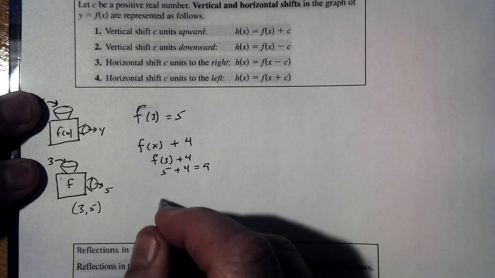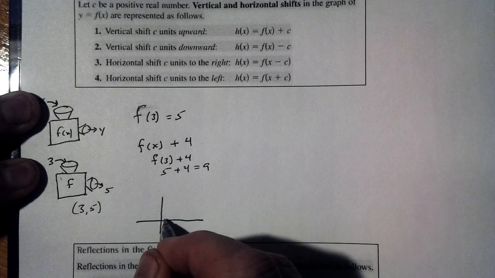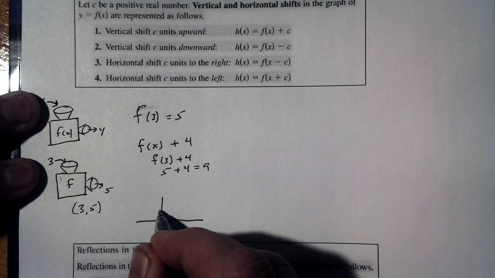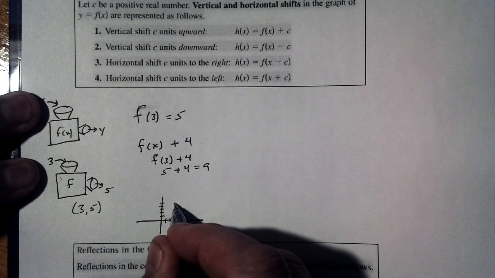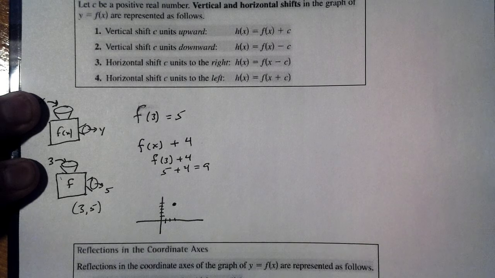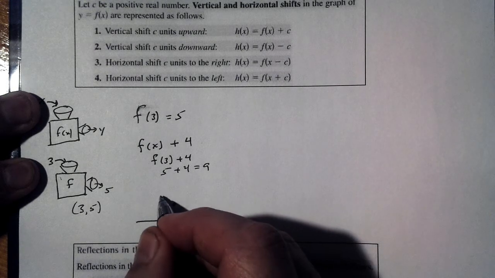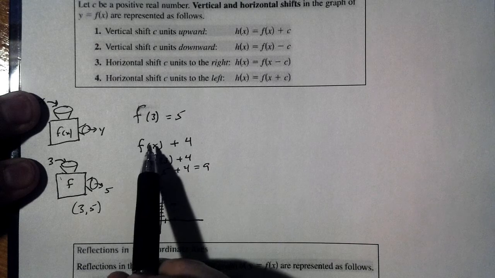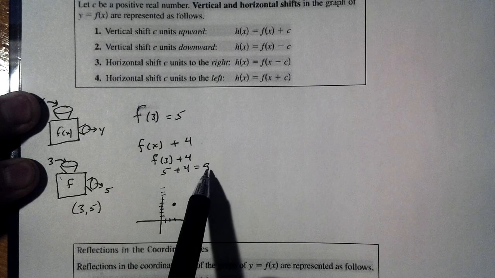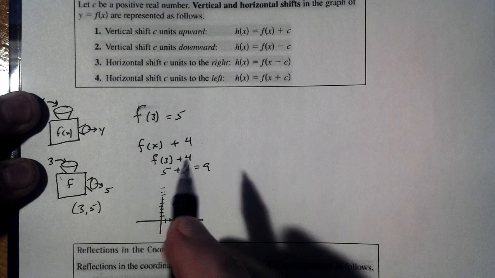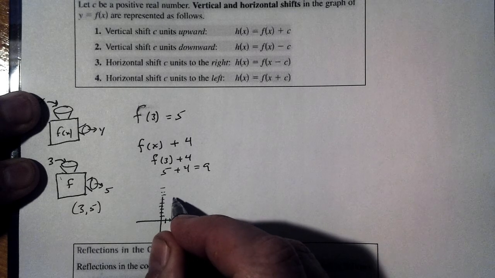So our point that was at (3, 5), the only thing we know happens on our factory, now gets moved to: put in 3, get out 9. We notice that's up 1, 2, 3, 4.